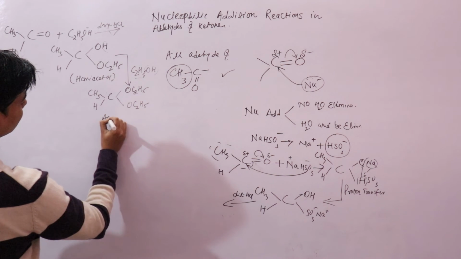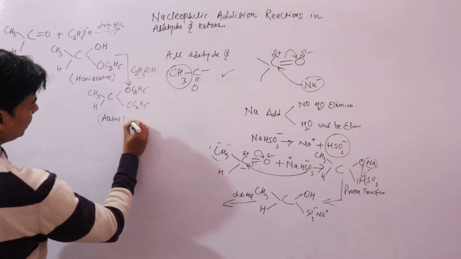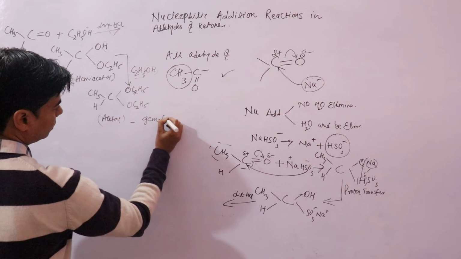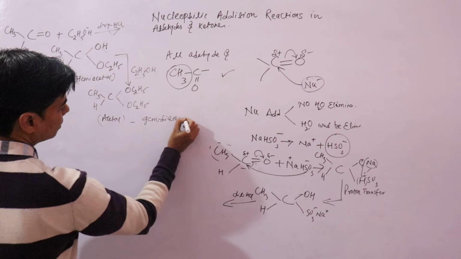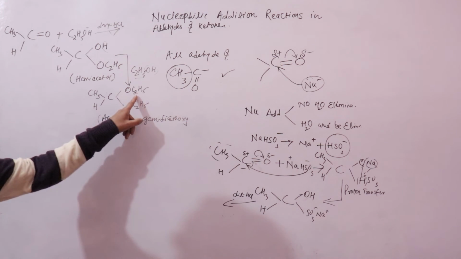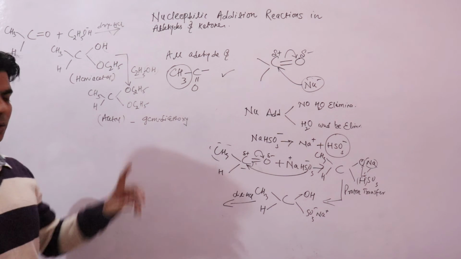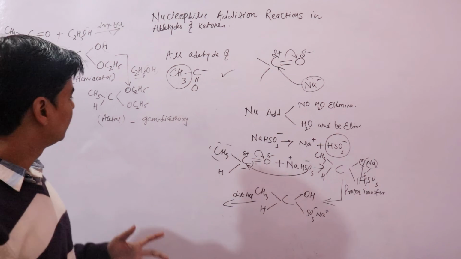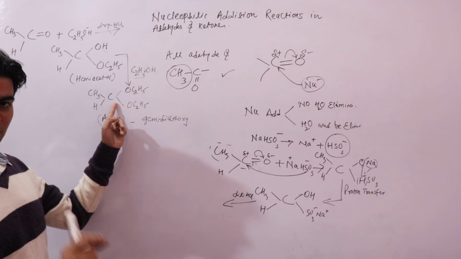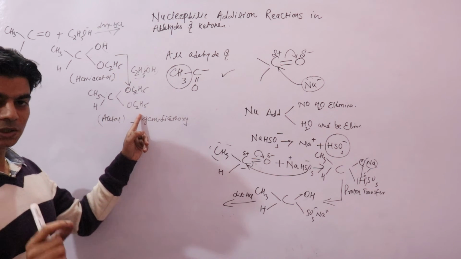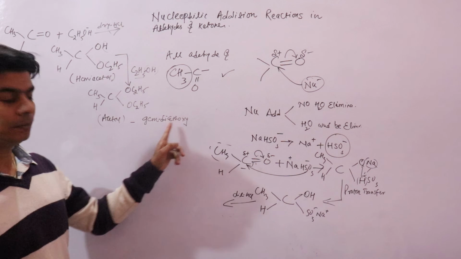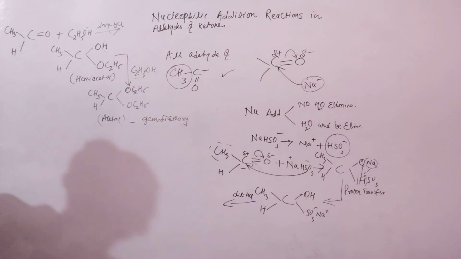This is your acetal, and this is your gem diethoxy compound. This OC2H5 is your ethoxy group. Since two ethoxy groups are connected to the same carbon atom, this is your geminal compound. So this acetal is a gem dialkoxy compound.